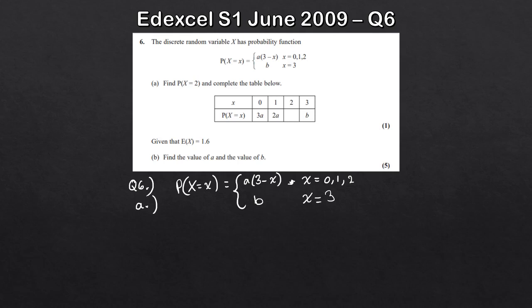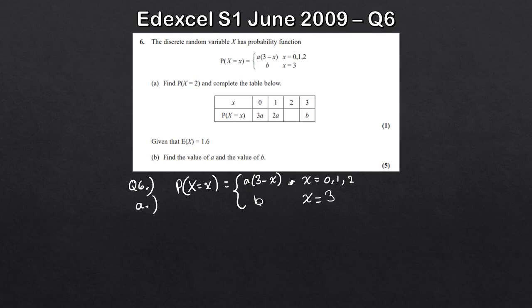So when x is 0, that's 3a. And why is that the case? Well, if you substitute 0 in here, notice this is only true when x is 0, 1 or 2. So if x is 0, this would be 3 minus 0, which is 3, times a, so we get 3a. It works exactly the same for 1. If x is 1, that's 3 minus 1, which is 2, times a, so we get 2a.